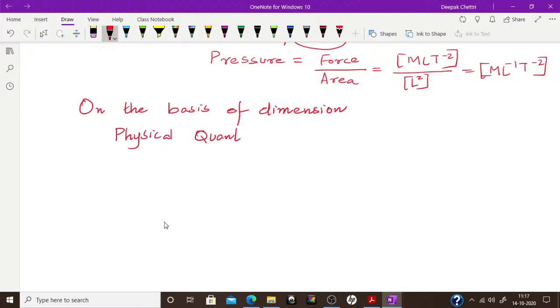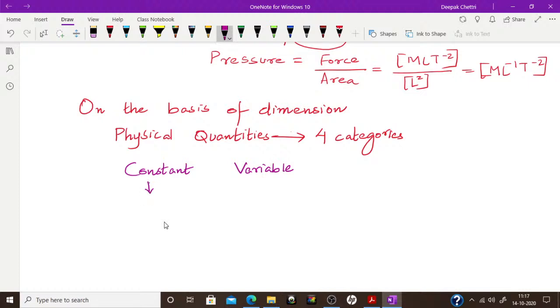I will tell you the four categories, but before that I will just explain what is a constant and what is a variable.